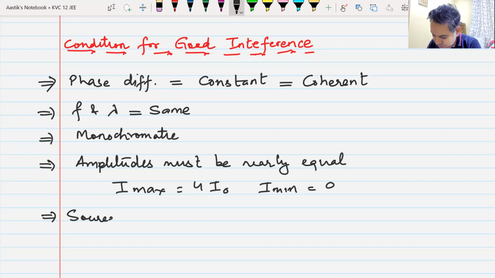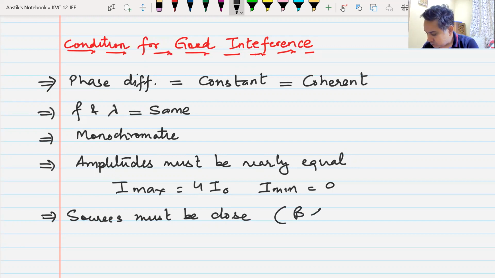The coherent sources must be close to each other. If the sources are very far, beta becomes very small.